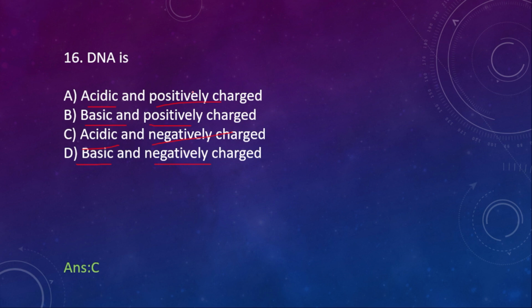Why is it said to be acidic? Because DNA contains a phosphate group, isn't it? Just now I explained that. In the sugar-phosphate backbone, the phosphate group has a hydroxyl group, OH.